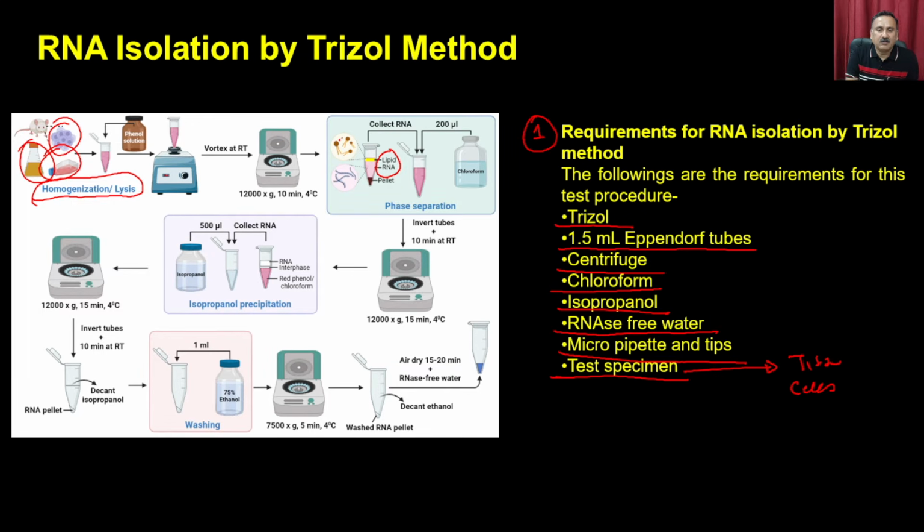In the organic phase you have the lipid and the protein. Then you collect the aqueous phase and add the ethanol, and that forms the RNA pellet, which you air dry, and then you add RNA-free water and dissolve it.